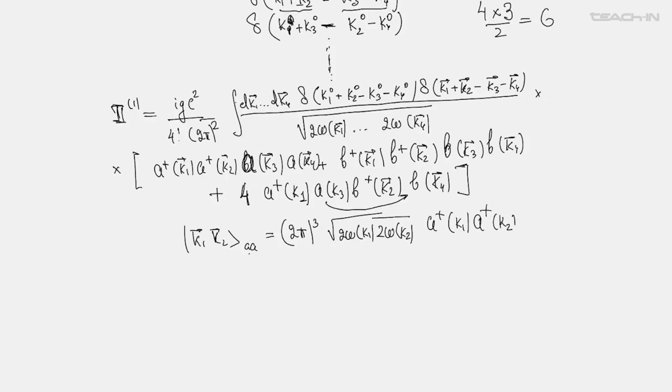State which contains particle and antiparticle. I call it A and B. So A is particle, B is antiparticle. The same normalization prefactor.